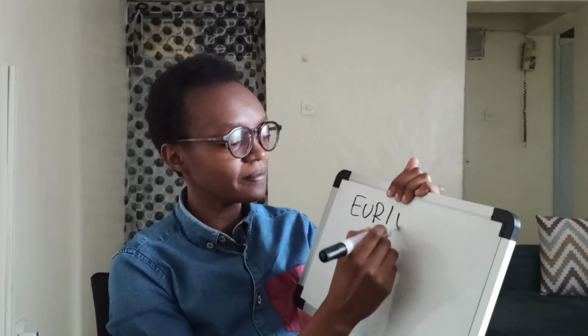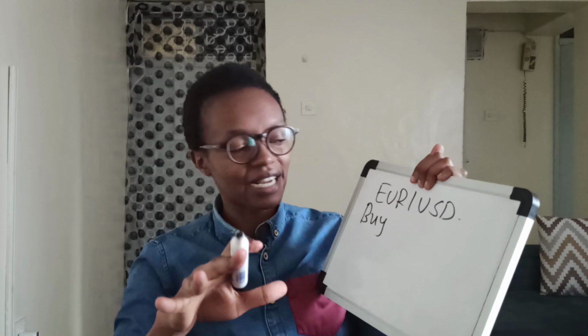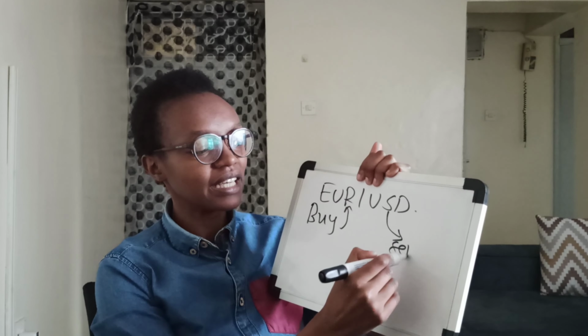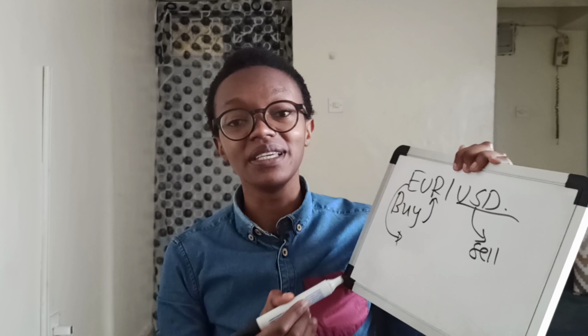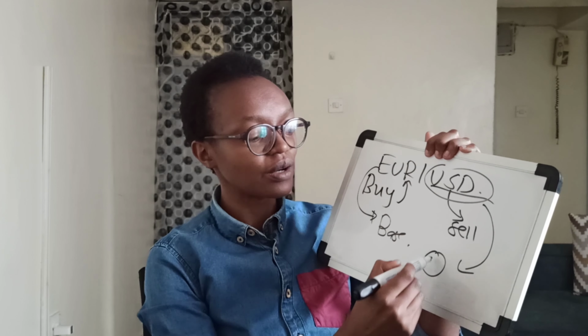In a pair like euro dollar, when you place a buy position in your trading account, you're essentially buying the euro, but at the same time, you're selling the US dollar. A base currency is the currency that appears first in a currency pair, and the counter currency or the quote currency is the one that appears second. So in our example, euro dollar, the euro is the base currency, and the US dollar is the quote currency.